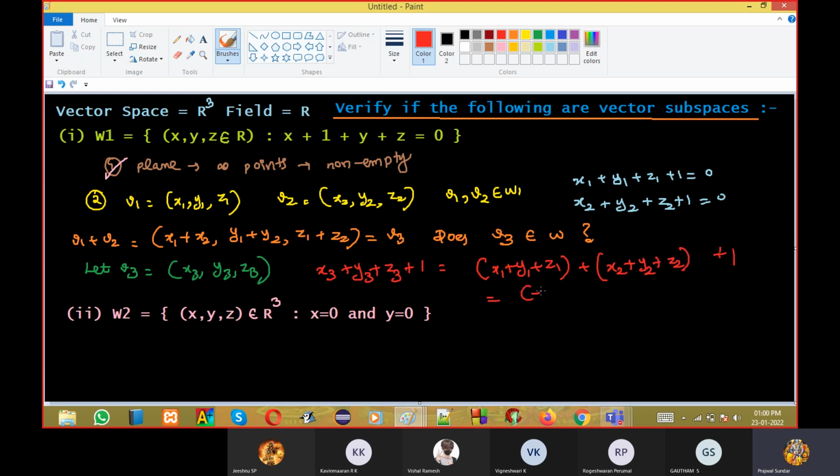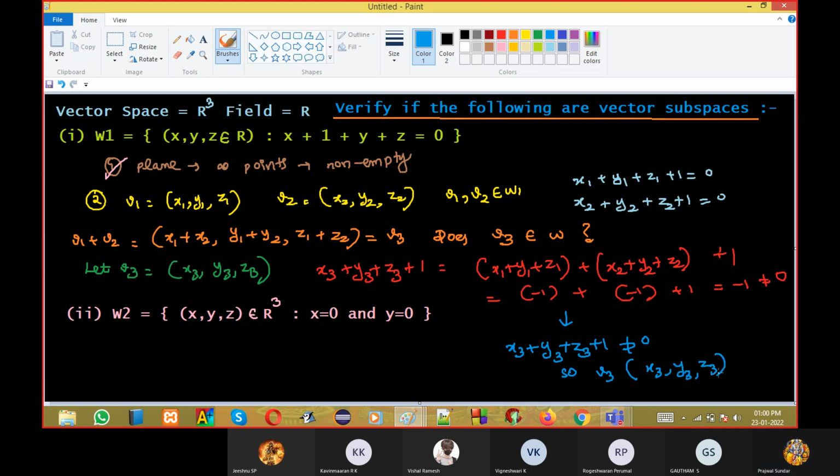This will be minus 1, this will be minus 1, this will be 1. This is equal to minus 1. It is not equal to 0. So I can say x3 plus y3 plus z3 plus 1 is not equal to 0. So vector 3, that is x3 y3 z3, does not belong to w1.